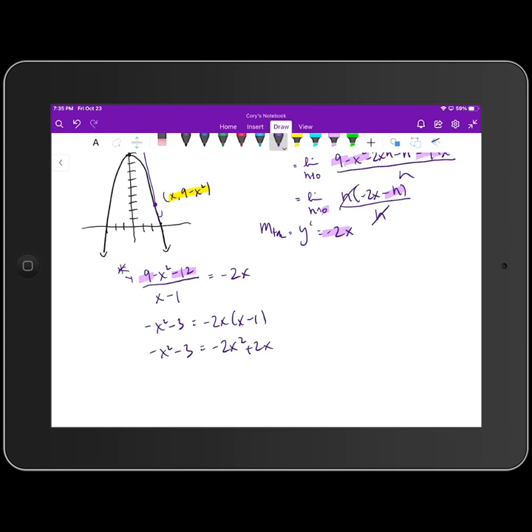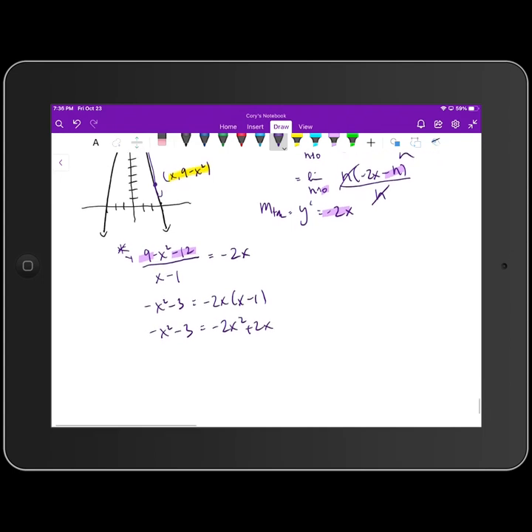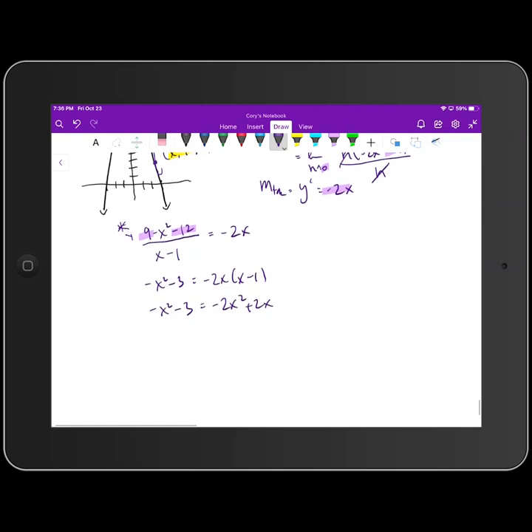And then if I want to solve this equation for x, I'm going to move all the terms to the left-hand side. So when I add 2x squared to both sides and subtract 2x on both sides, that gives me x squared minus 2x minus 3 is equal to 0.